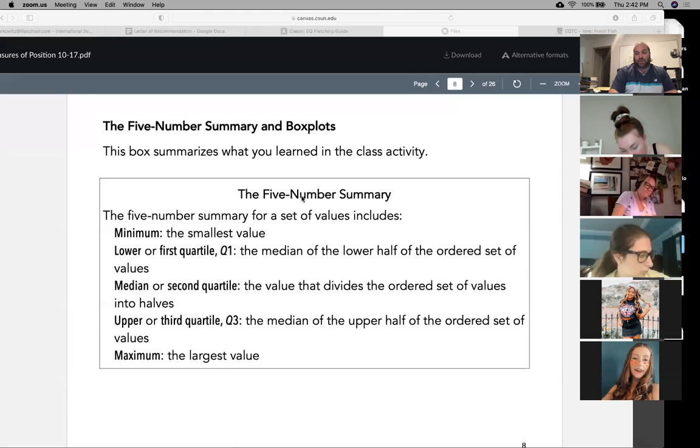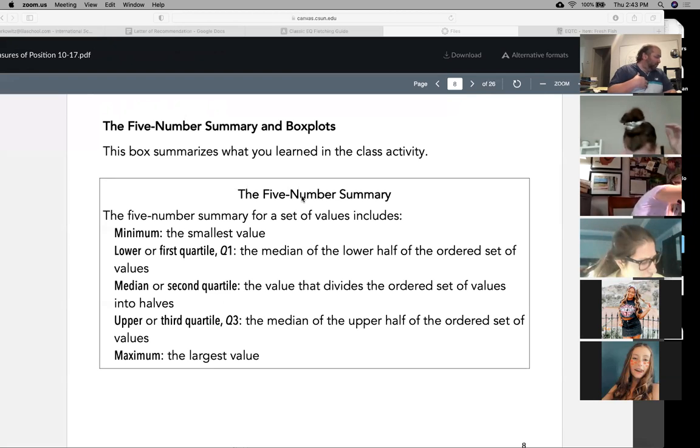Okay, so here we have the 5-number summary and box plots. 5 numbers summarize the data. What are those 5 numbers? The minimum value, Q1, Q2, Q3, the maximum value.